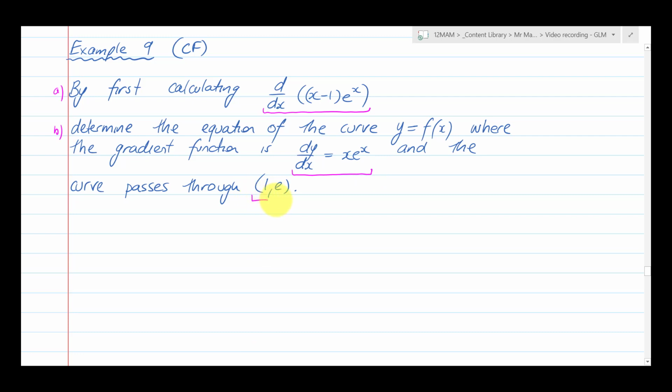Secondly, we're asked to find a particular solution because we know a coordinate. And thirdly, we're asked to determine the equation of a curve here, so that's where that integration is going to come in. We're going to have to rely on a few different skills.